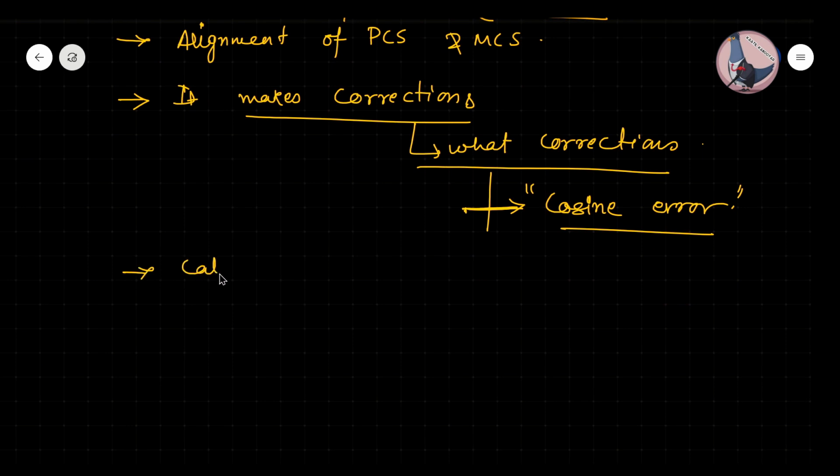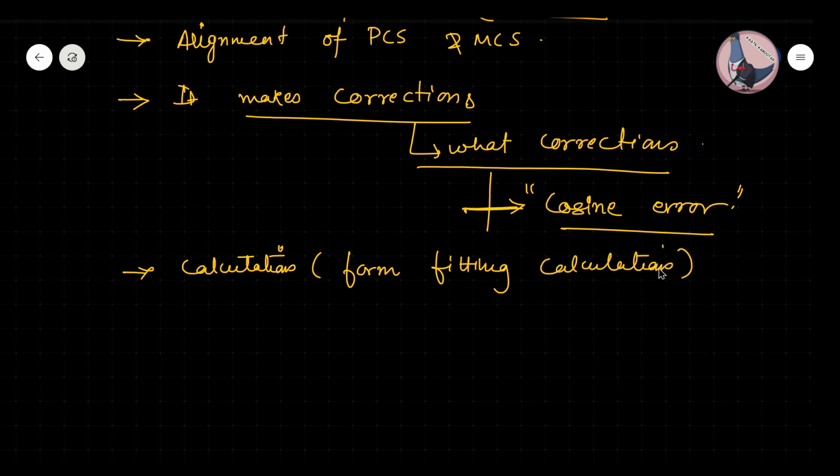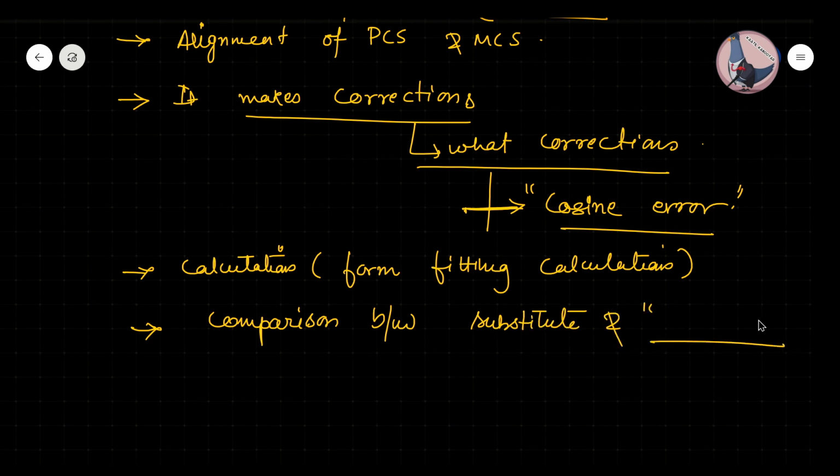Then it will do all the calculations. Calculations of what? When I say calculations, I mean the form fitting calculations. Like the relation between how to make the substitute things and the actual. And then at last, it will do the comparison also. Comparison between the substitute and what?